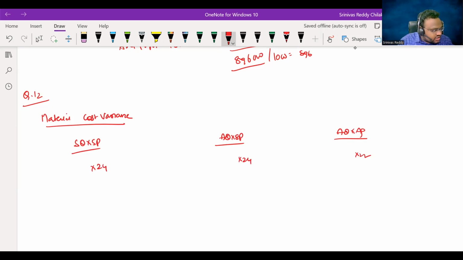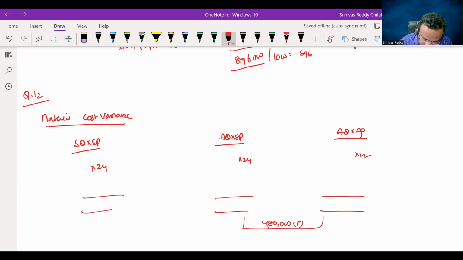Material price variance is given 4 lakh 80,000. Difference between these two, 4 lakh 80,000. Whether it is favorable or adverse. Material usage variance 48,000. This is also favorable, right?